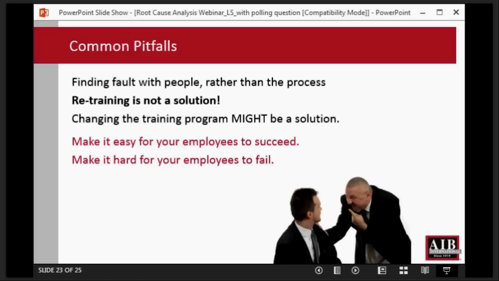It could be that departments aren't getting along together, or some people aren't following through on what the corrective action is. So it's very, very important that you do this, because in the end, we would like our employees to succeed. And if we don't apply root cause analysis in this fashion, there could be a potential for failure.